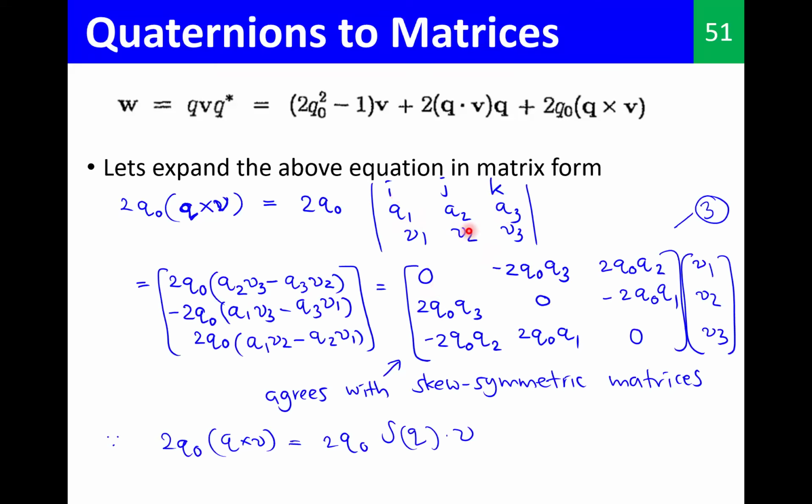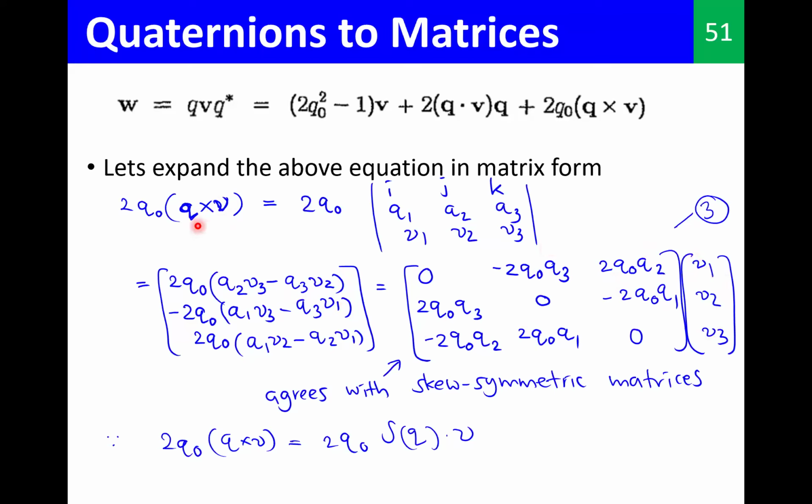I will write down the cross product, and the cross product is related to the skew symmetric matrices, right? Therefore, I am going to put this into a skew symmetric matrix, and keep these V1, V2, V3 terms separate. So this is a trick that I'm doing.